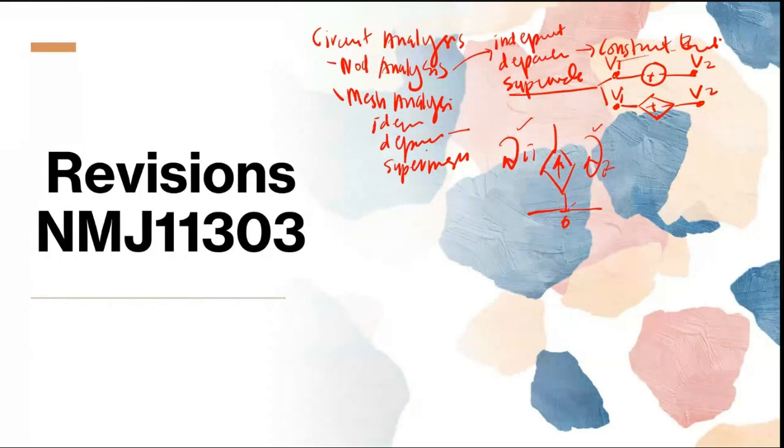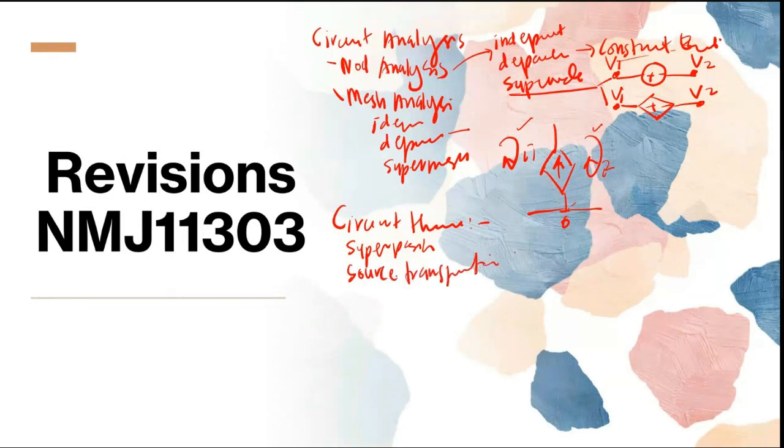And then we also covered the circuit theorems, where we have superposition, source transformation, and also Thevenin and Norton. And the last one we covered is maximum power transfer.